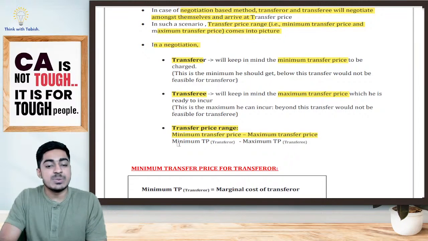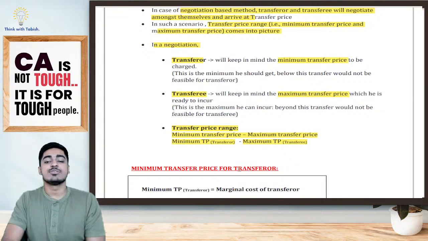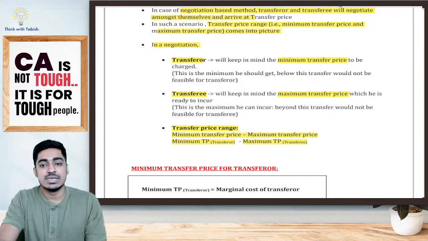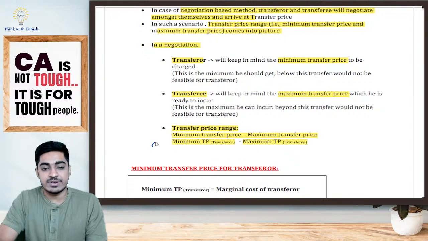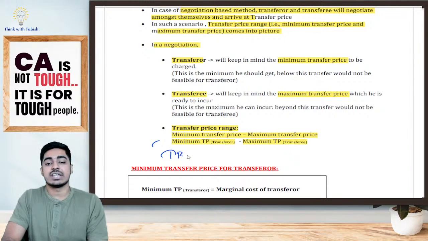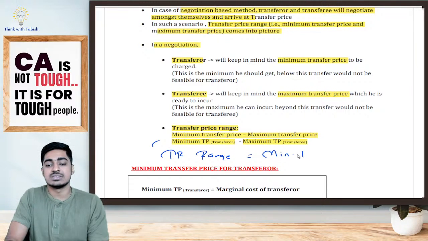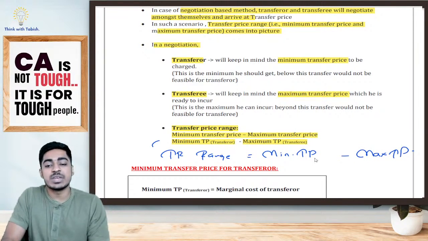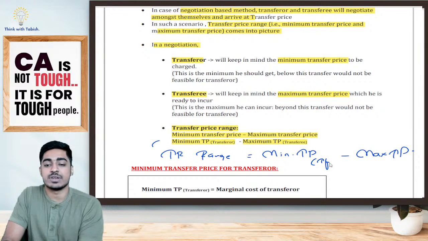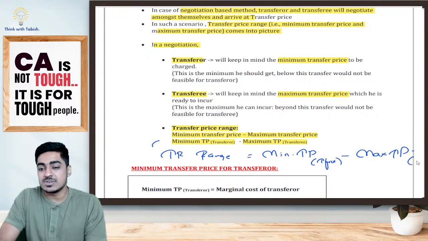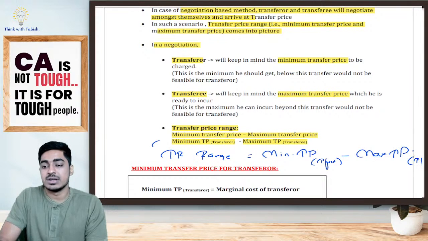The minimum transfer price is from the perspective of the transferor, and the maximum transfer price is from the perspective of the transferee. Is it clear, students? So the transfer pricing range is the minimum transfer price to the maximum transfer price, where the minimum is from the perspective of the transferor and the maximum is from the perspective of the transferee.